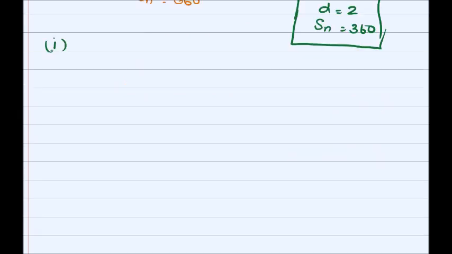The first question is, find the total number of rows of candies. So we need to find n. We know the formula Sn is equal to n by 2 into 2a plus n minus 1 into d. Here a is equal to 3, d is equal to 2, and we need to find n.